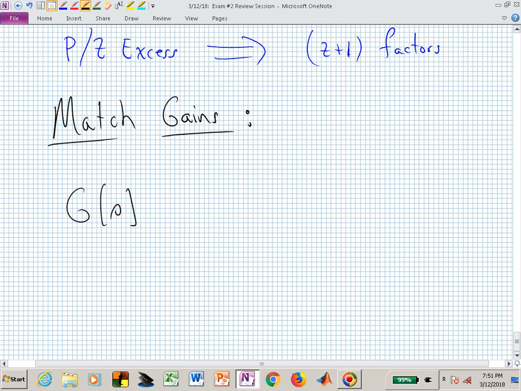So what if the gain at DC is bounded? Where do we match the gains?